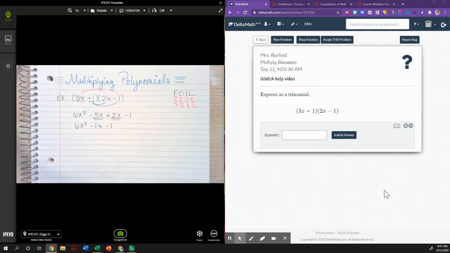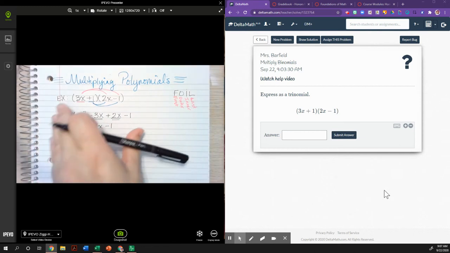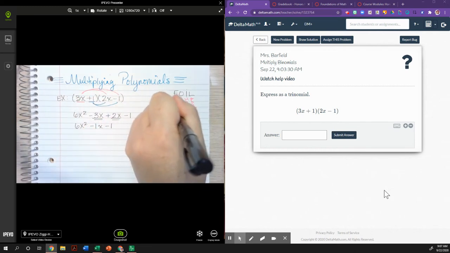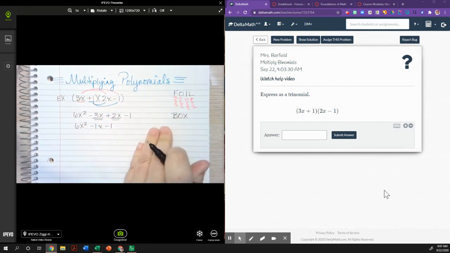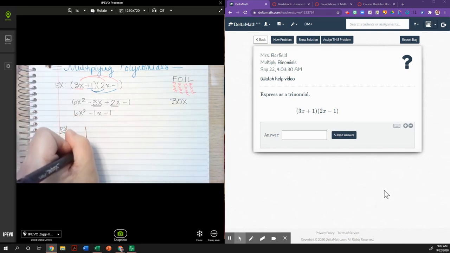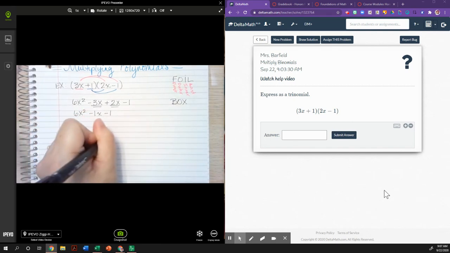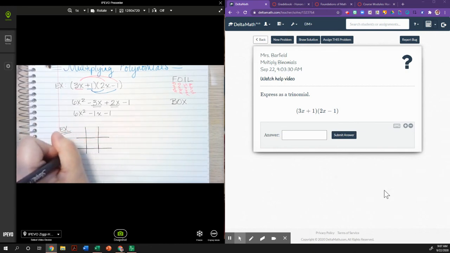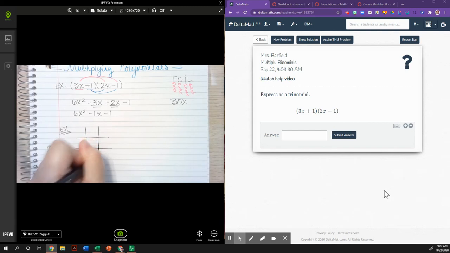Now, I actually like to use an alternative way to organize my work, and what I do is use a box. Now, here's the thing about students. They'll sit there and say, I don't want to draw the box every time. So don't draw the box. Just draw tic-tac-toe. You can be as messy or neat as you want to.